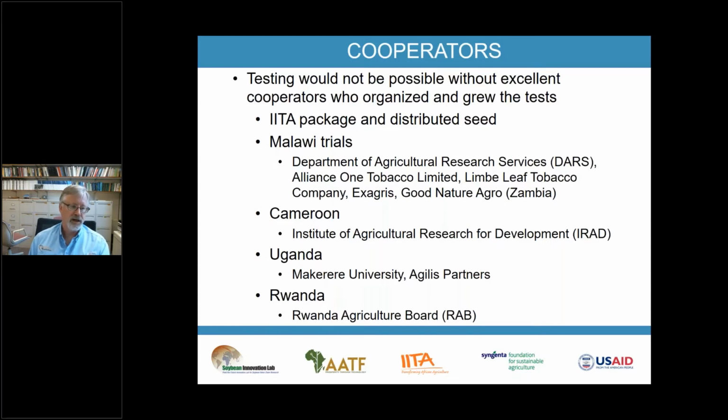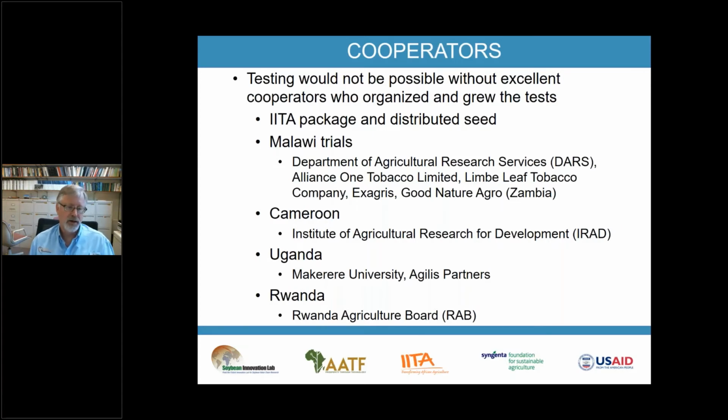So for example, in Malawi, I'll be talking about results that were collected from trials grown by Diers, Alliance One Tobacco Limited, Limbe Leaf Tobacco Company, Agris, and also Good Nature Agro. They grew the Malawi trial, although they are actually located in Zambia.